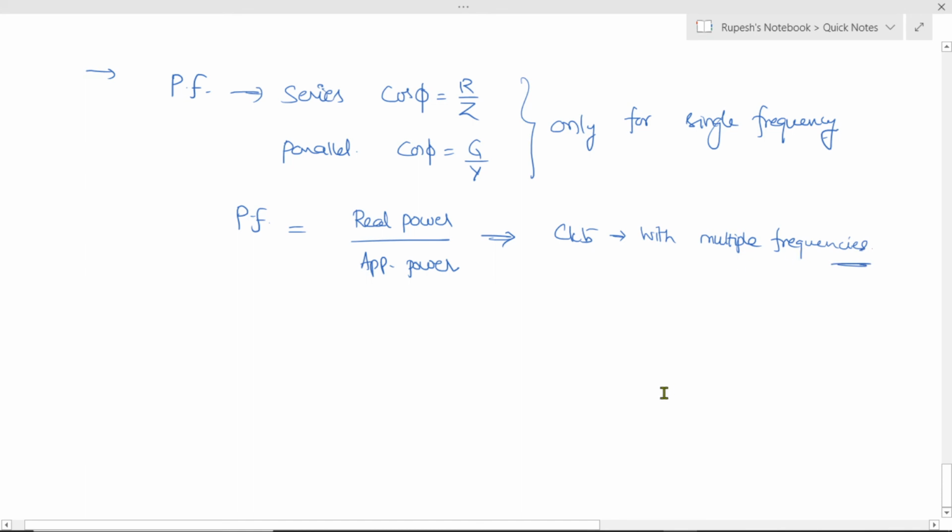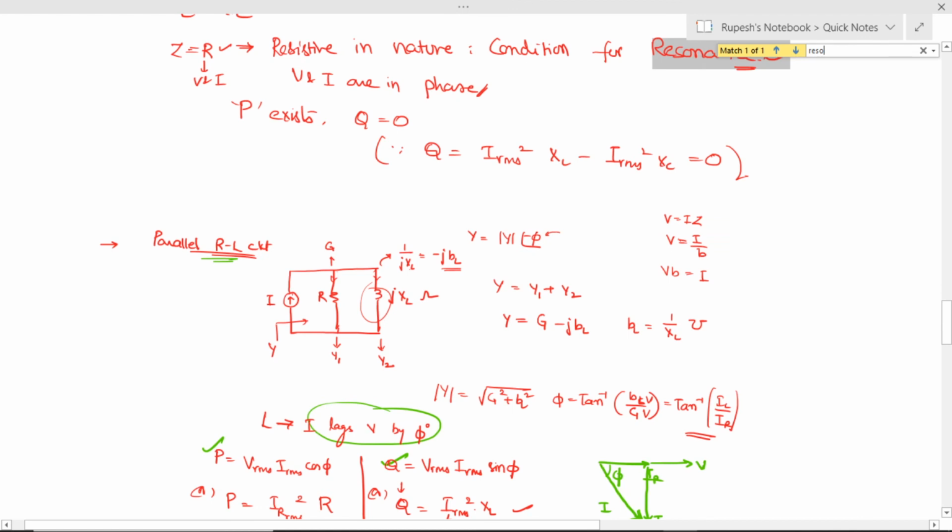So this is the summary of the AC steady state circuit analysis that we have seen till now. In the next session, we will see about resonance. This also comes under AC circuits only. We will see what resonance is. We have seen somewhere about resonance.